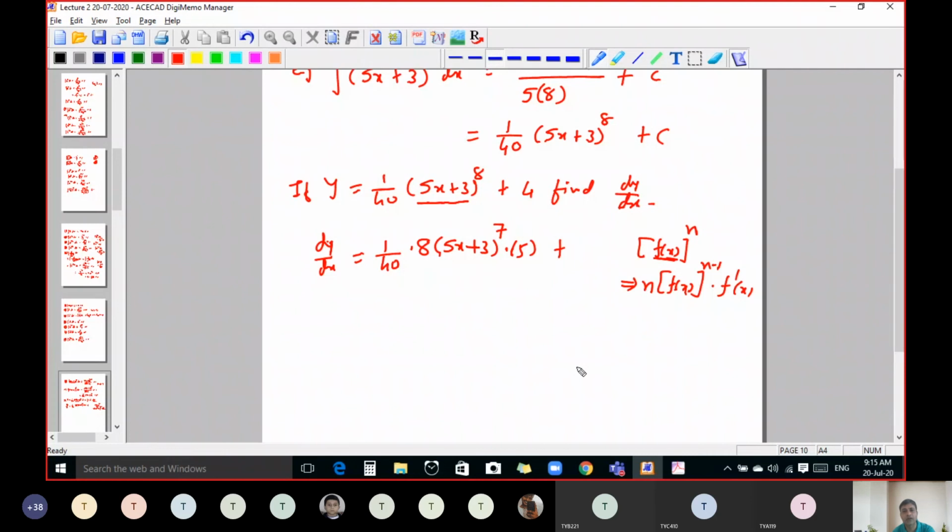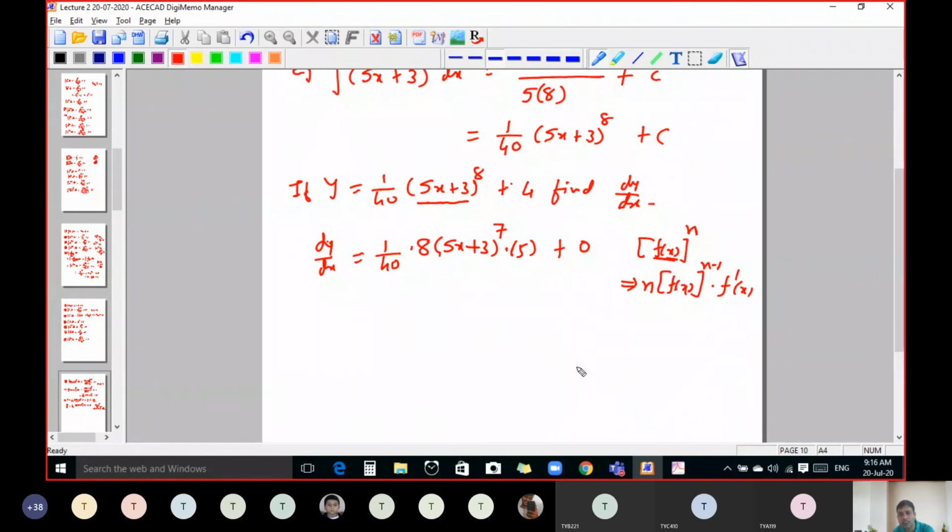plus the derivative of constant, which is 0. See, the derivative of a constant is 0. Here 1 upon 40 is also a constant, but it is the coefficient of some function. So if there is a constant number which is the coefficient of some function, then we have to keep it as it is.